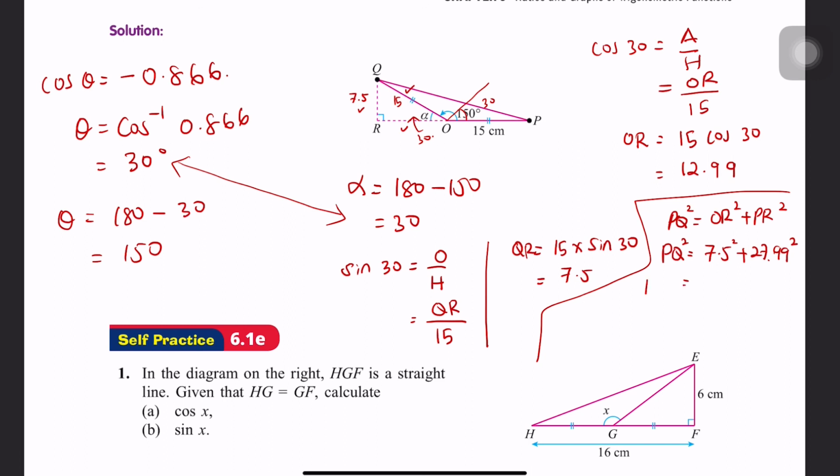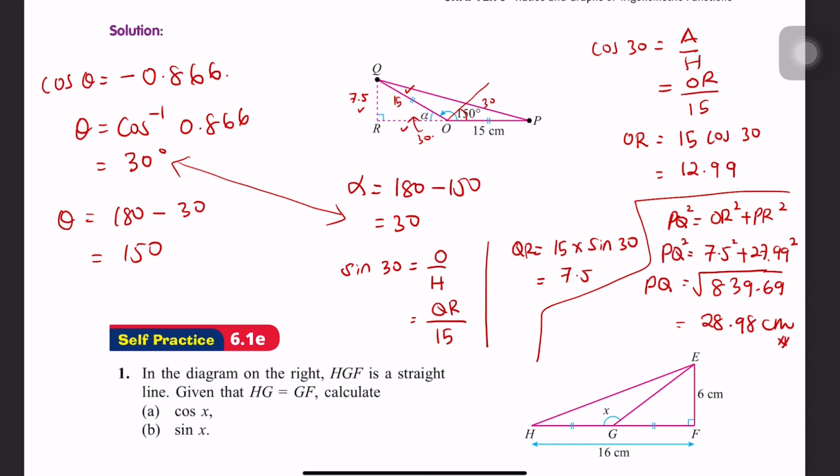Okay, so PQ is equals to square root of, cuba tekan calculator, 7.5 square plus 27.99 square, so 839.69. Okay, so PQ is 28.98 centimeter.